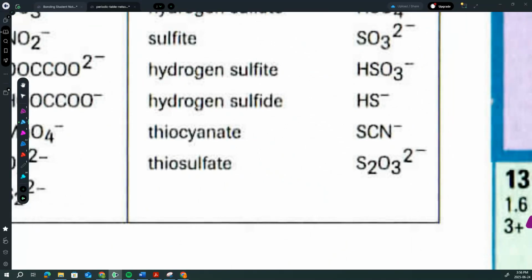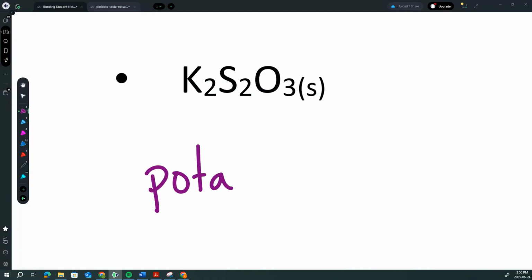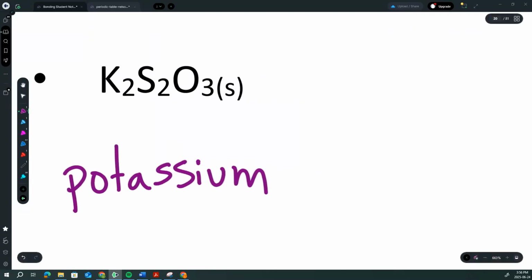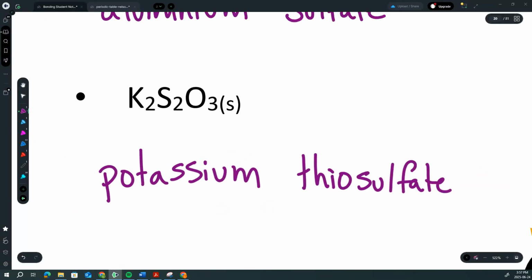So let's write this down. So potassium, and reminder, you write the polyatomic ion name exactly how you see it on your periodic table. So thiosulfate. You do not change the ending of polyatomic ion names.